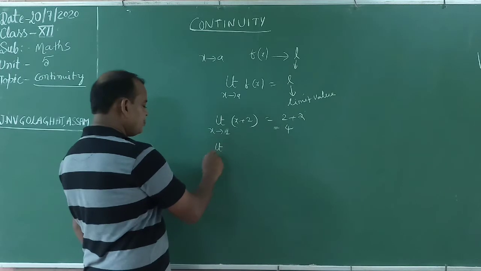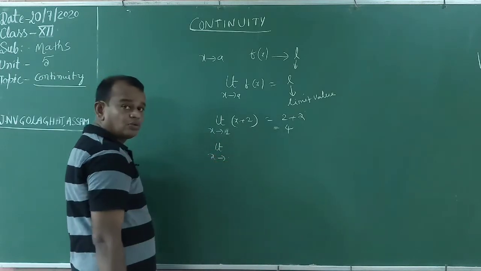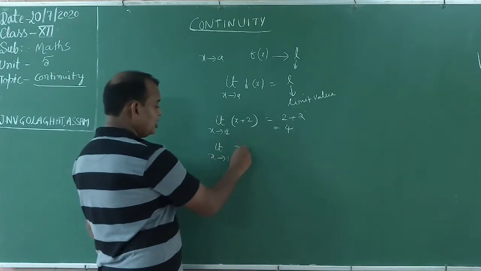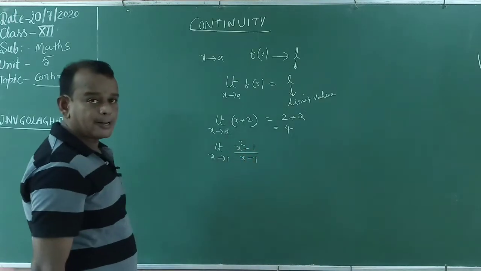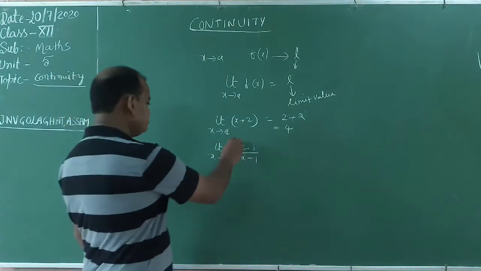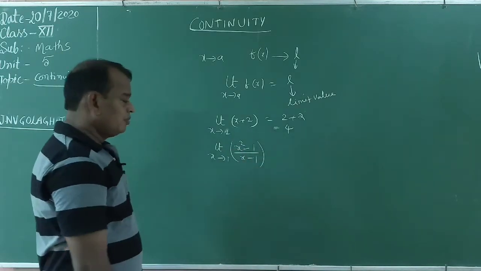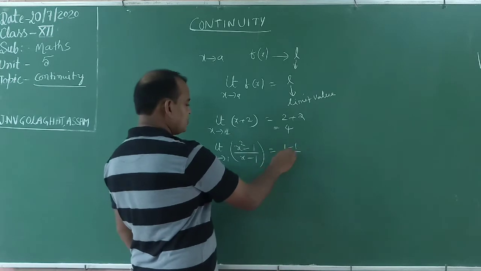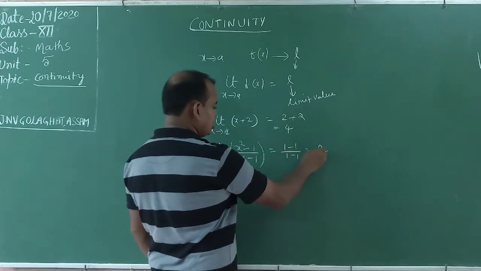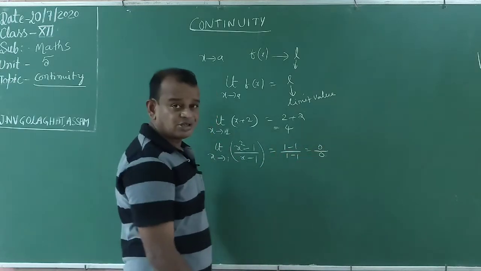Now, limit x tends to 1, x square minus 1 by x minus 1. Suppose we substitute x equal to 1. Now 1 square means 1, minus 1, by 1 minus 1. That equals 0 by 0. How much is 0 by 0?